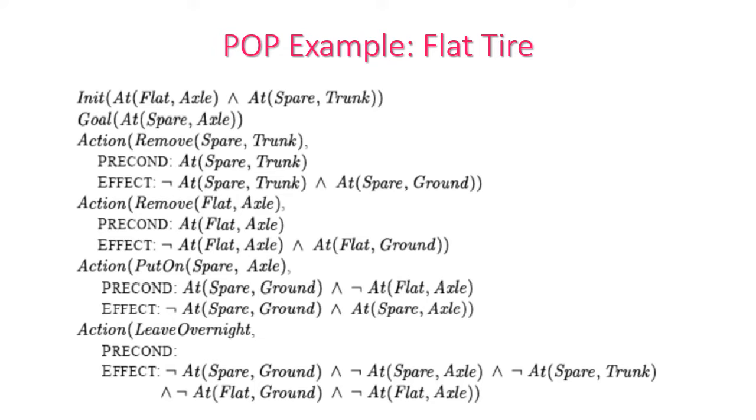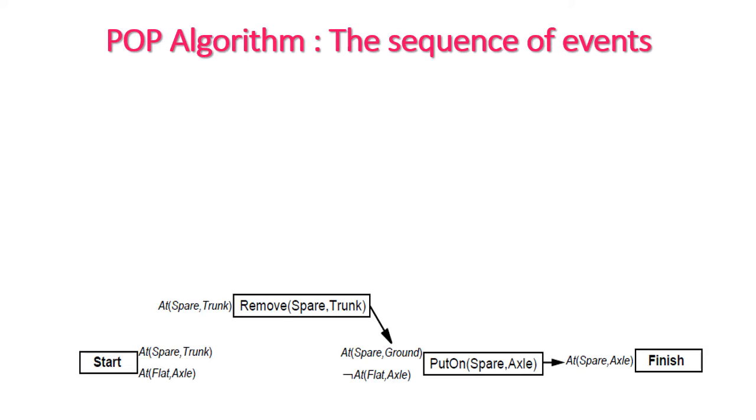The precondition for the fourth one is nothing, and the effect is spare not at ground, spare not at axle, spare not at trunk, flat not at ground and flat not at axle. That is, all the tires will disappear, and this is the effect of the fourth action.